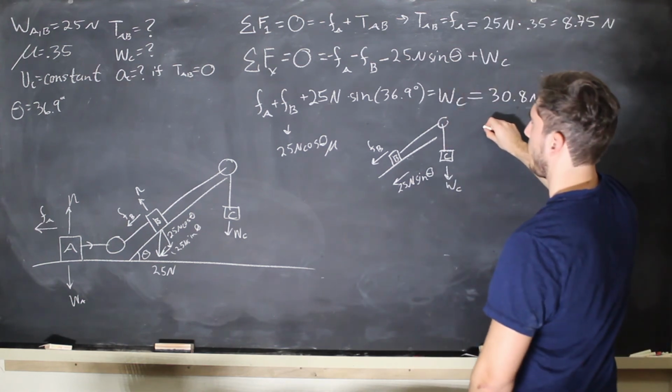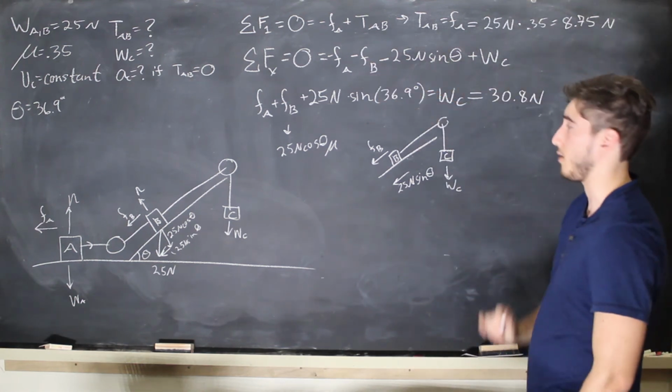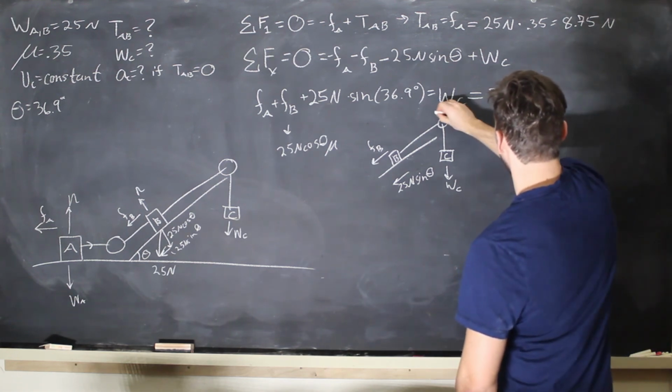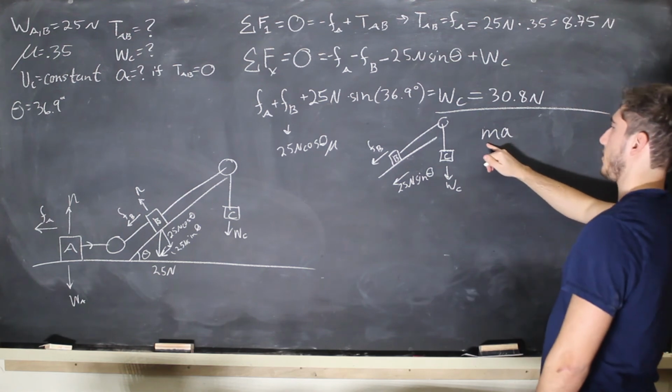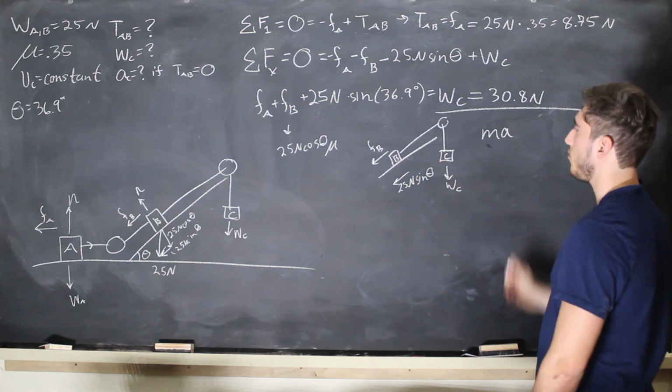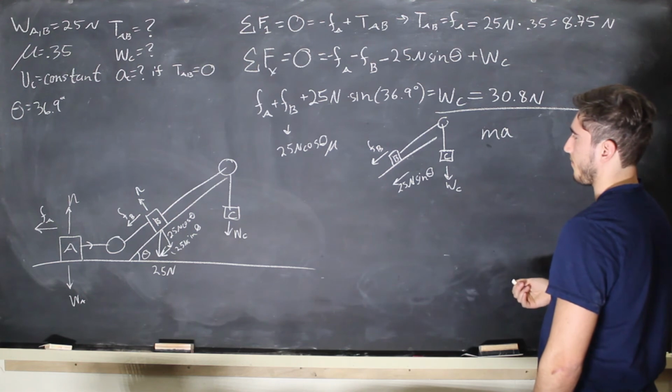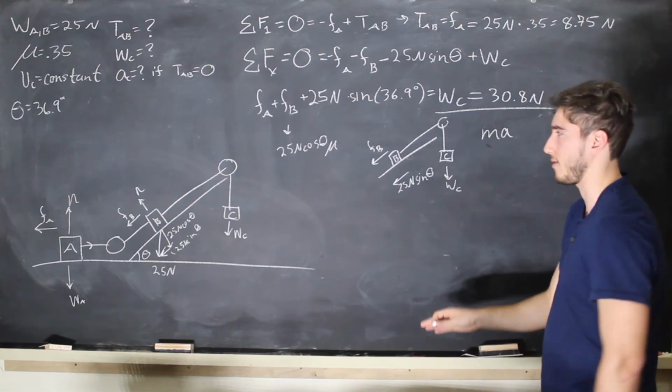And this time, our sum of the forces is not going to be equal to 0. Let's set it equal to MA. And M is going to be the sum of the two masses. Since the rope is massless, this is all one system.